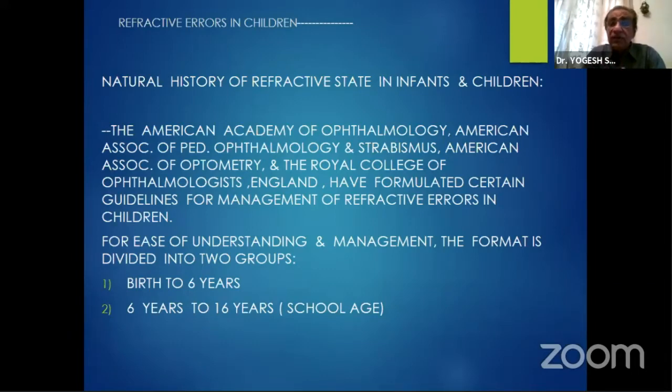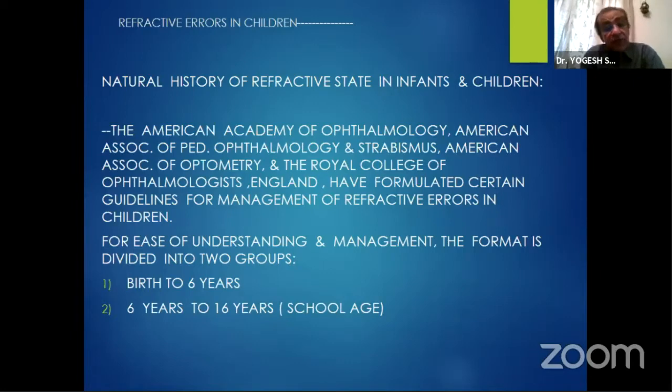What is the natural history of the development of refractive errors in children and small infants? The American Academy of Ophthalmology, the American Association of Pediatric Ophthalmologists, APISMAS, the American Association of Optometry and the Royal College of Ophthalmologists of England have formulated certain guidelines for the management of refractive errors in children. That is what is important to know, and that's what we should follow.